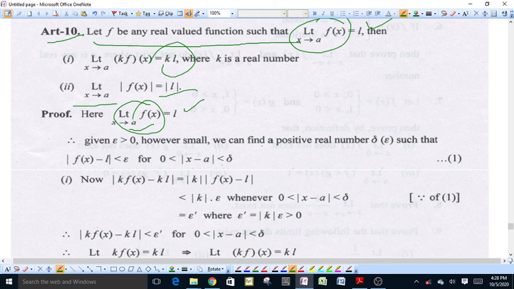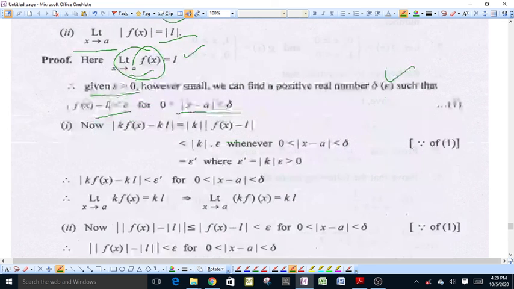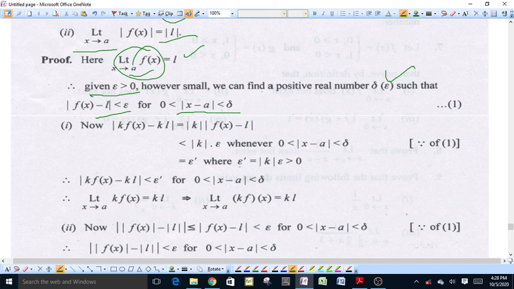Here the limit of function f(x) is equal to L when x equals a. This means for any positive real number epsilon, however small, we can find a positive real number delta such that |f(x)−L| is less than epsilon whenever x lies in the delta neighborhood of point a. Now |k f(x)−kL|, k comes outside by using the property of modulus, becomes less than |k| times epsilon whenever |x−a| is less than delta.